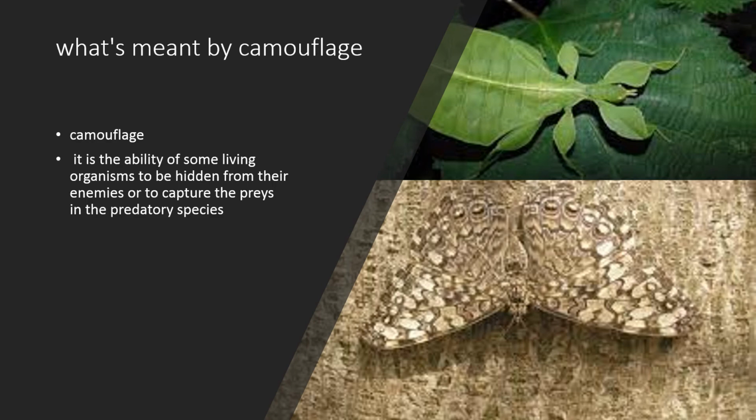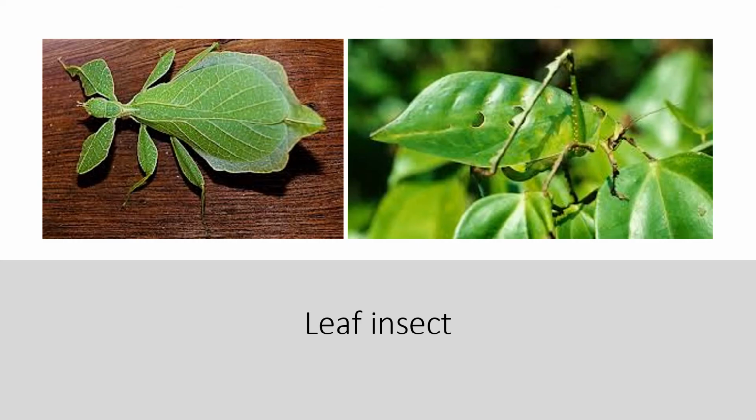So let's take the examples. First one is the leaf insect. Can you see the image? We have an insect shaped like a leaf.